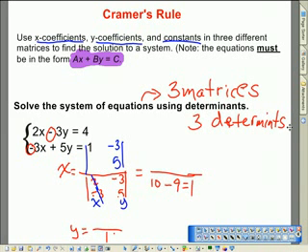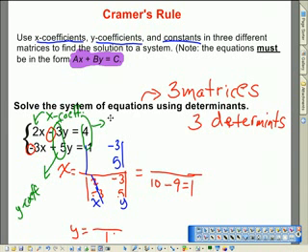So let's go back to this original system right here. These are my x coefficients. These are my y coefficients. And the 4 and the 1, those are my constants. And the constants are what I'm going to put in the place of the x coefficient to find my variable x. So I'm going to put a 4 there and a 1 there.